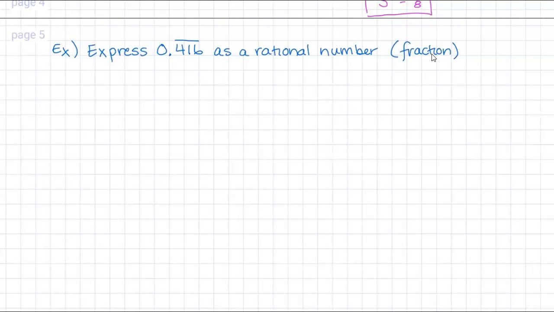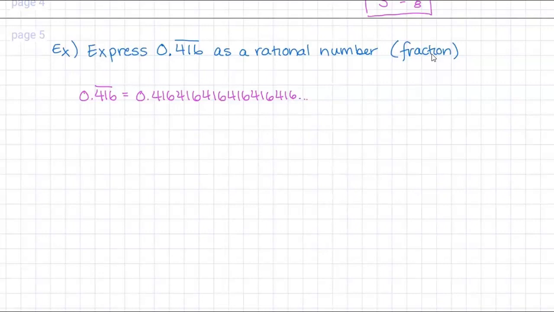Well, here's how. We can think of 0.416 bar as this. It's exactly what it means. You're just repeating 416, 416, over and over and over again.